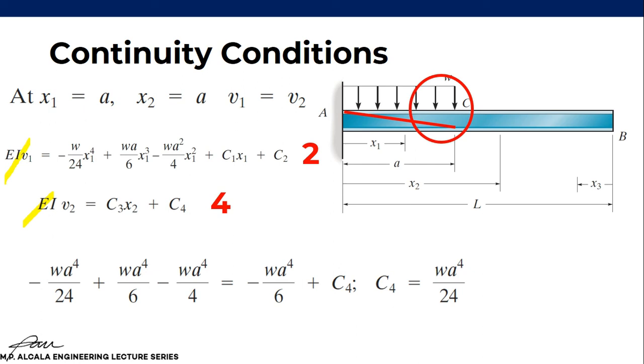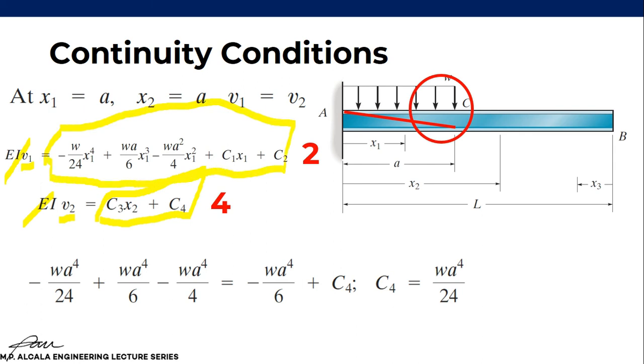And then V1 and V2 are equal, so we can equate these terms to this term. At x equal to A, we can simply have the following equation. Solving for C4, we are only concerned with C4 and two variables, W and A, but these are from your given. So we will have C4 equivalent to WA to the 4th over 24.